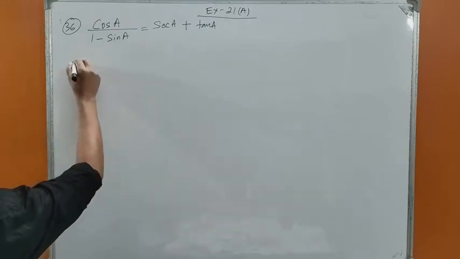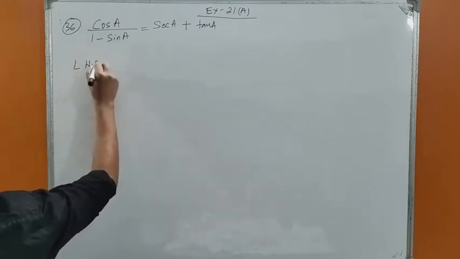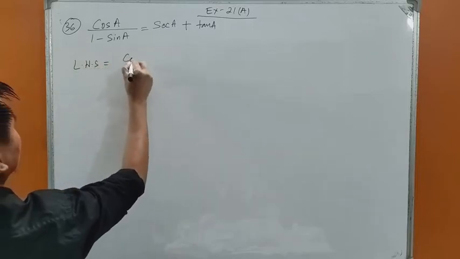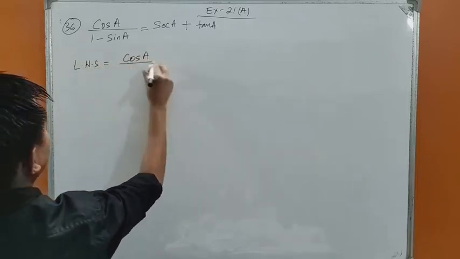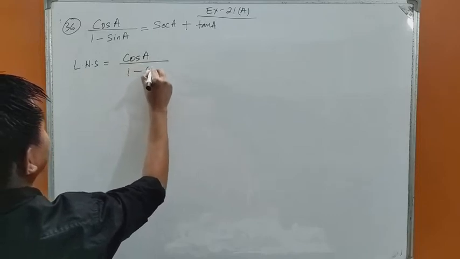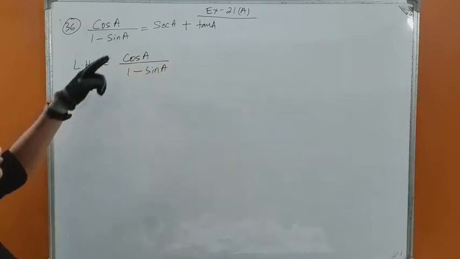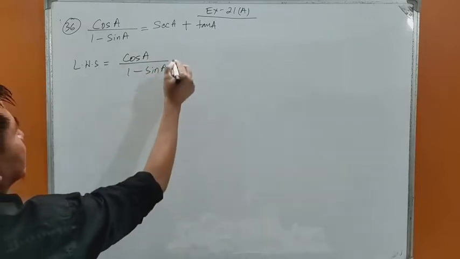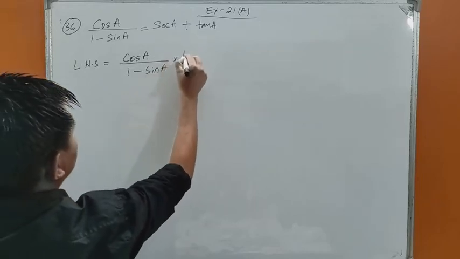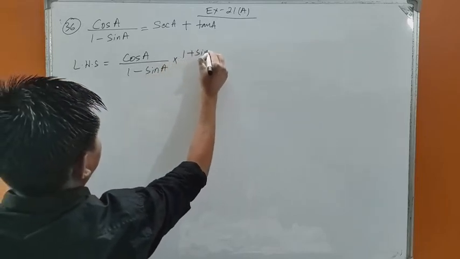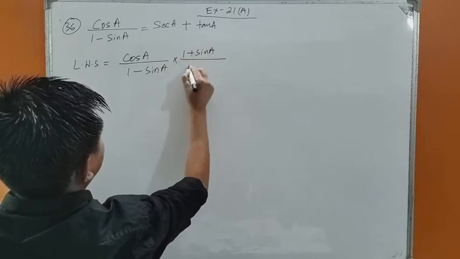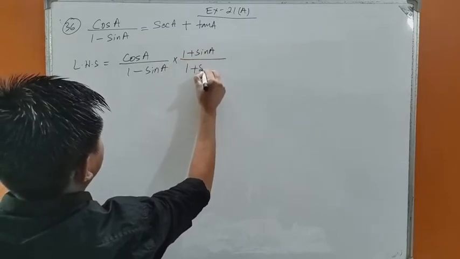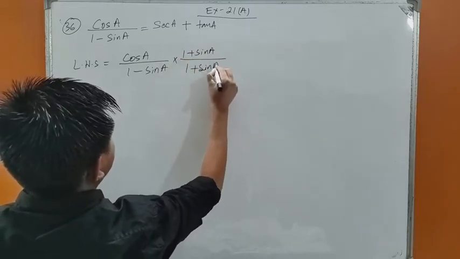Okay, let's begin. So left hand side equals cos A upon 1 minus sin A. Now let's multiply this by 1 plus sin A in the numerator and in the denominator as well. Okay, we can do this.